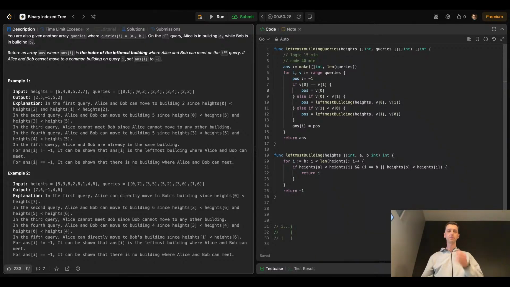Using memory. So typically what you do is you can use a hash map to get some data in pretty much constant time.